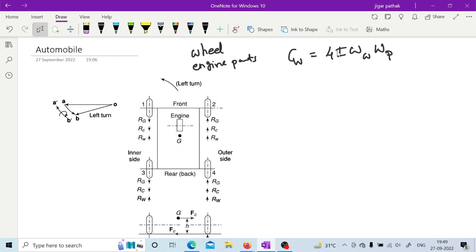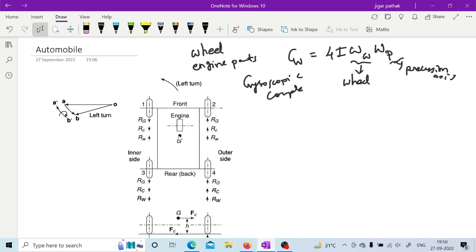So due to this rotating wheel, you will have the gyroscopic couple as 4 I omega w omega p, where omega w is for the wheel and omega p is for the precession axis.